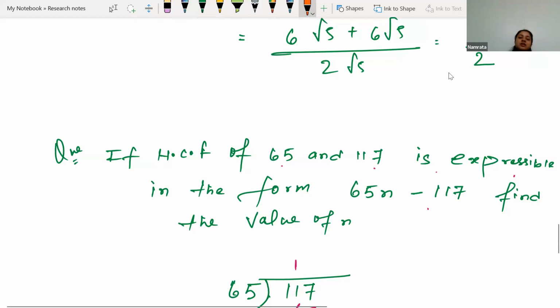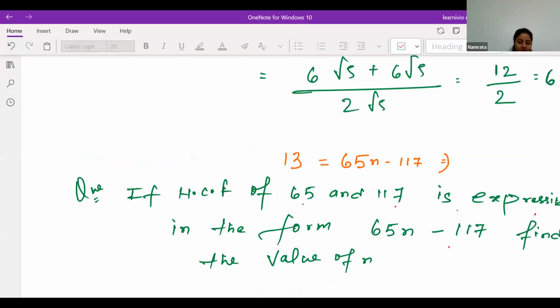So we can write 13 is equal to 65n minus 117. And from here, let's see what we get as the value of n. Please let me know what you are getting. Each and everyone find it, and if you can unmute yourself, please do. Otherwise, write it in the chat box. What you got as n.